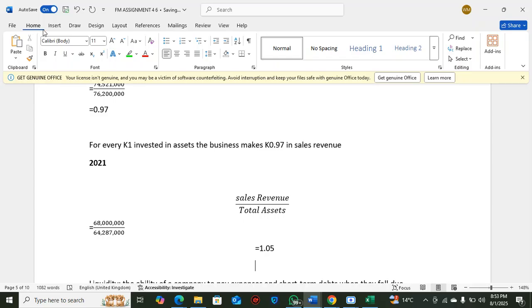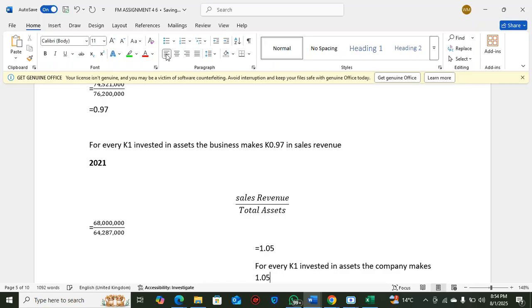Okay. So for every one kwacha invested in assets, the company makes one kwacha 5 ngwe in sales revenue.